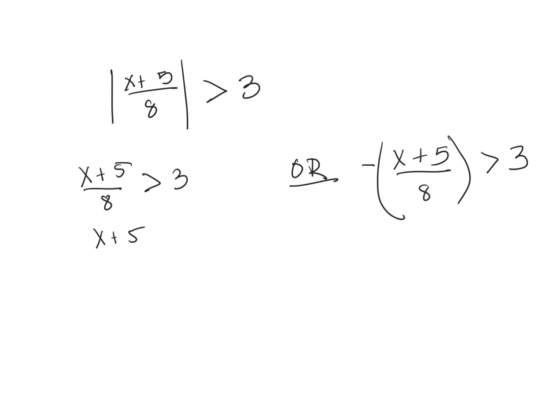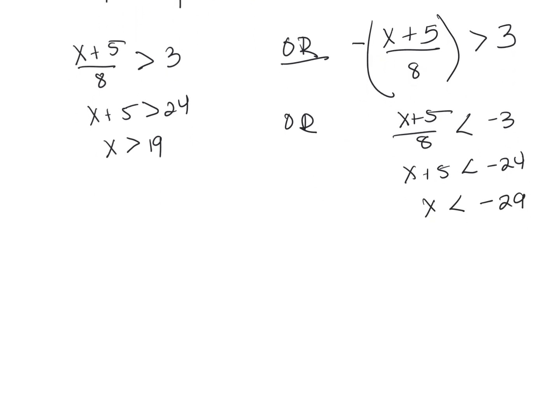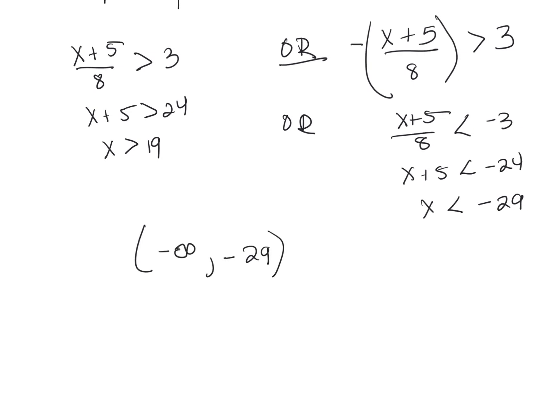This is x plus 5 is greater than 24, so x is greater than 19. Or I can get rid of that negative right away. X plus 5 over 8 is less than negative 3. X plus 5 is less than negative 24. X is less than negative 29. So on my open math, I would write from negative infinity up to negative 29, not including, union, 19 to infinity.